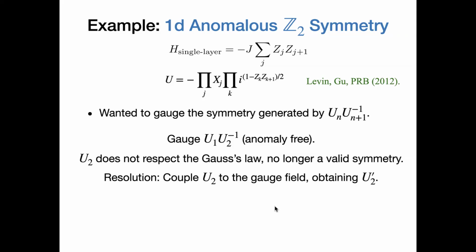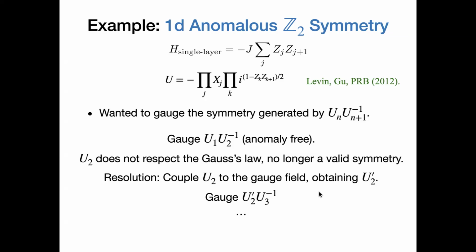So we just choose one way and obtain a new symmetry U2 prime that commutes with both the Gauss's law and the Hamiltonian. Then we proceed to gauge U2 prime times U3 inverse, modify U3 to U3 prime, and proceed to gauge U3 prime times U4, and repeat these steps until we get a bulk lattice model.